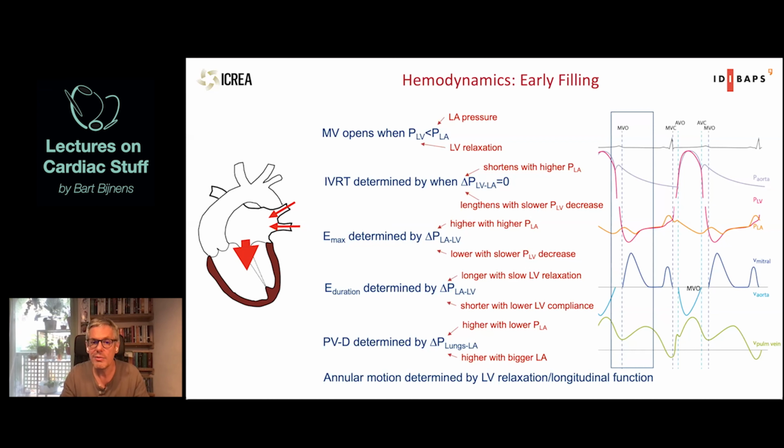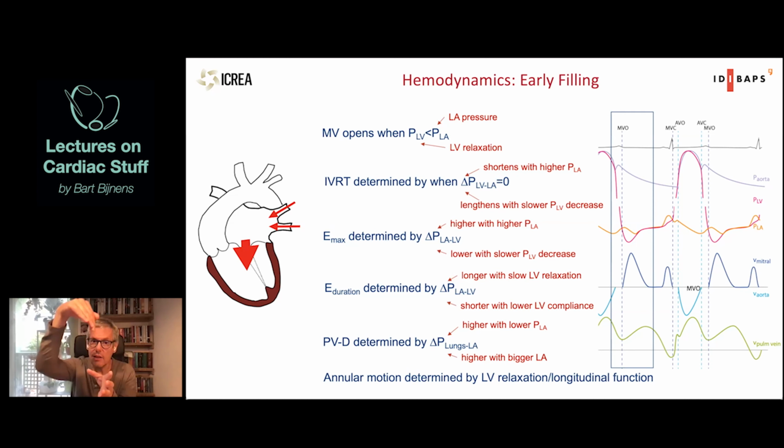So if we have, for example, a patient who has a very stiff ventricle and a very high atrial pressure, what happens is that the isothermal relaxation time will be very short. The valve will open quickly.